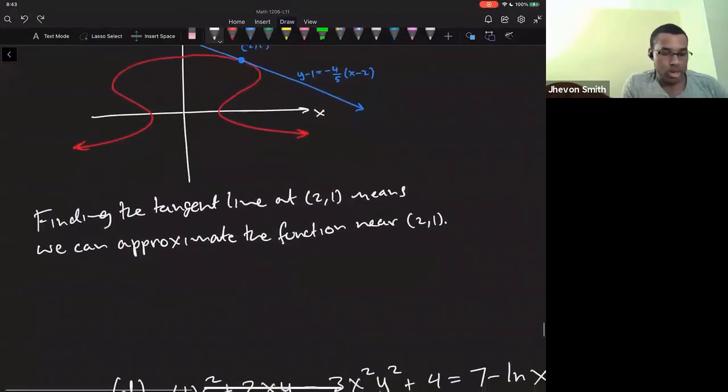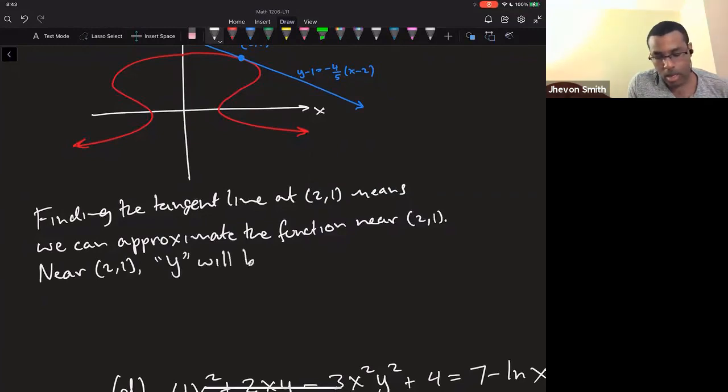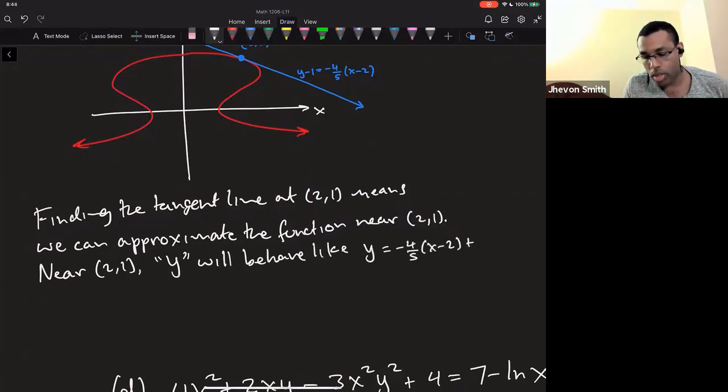So near (2, 1), the y will behave like y equals minus 4/5 (x minus 2) plus 1, right? Which is a line, which is a very simple thing to deal with.